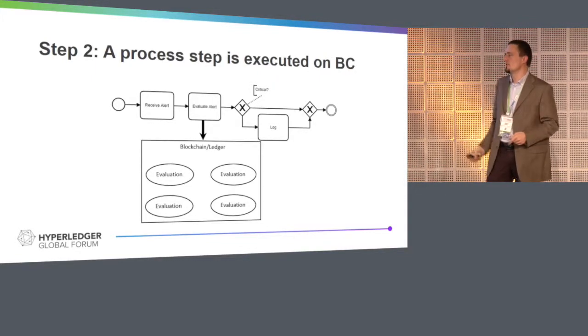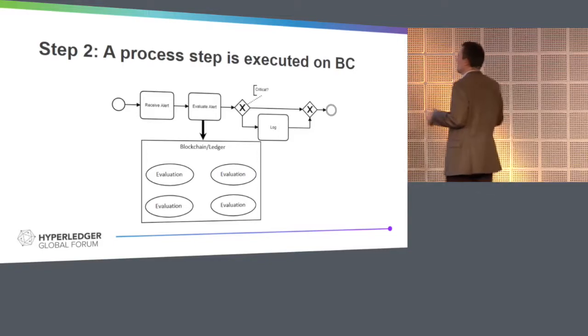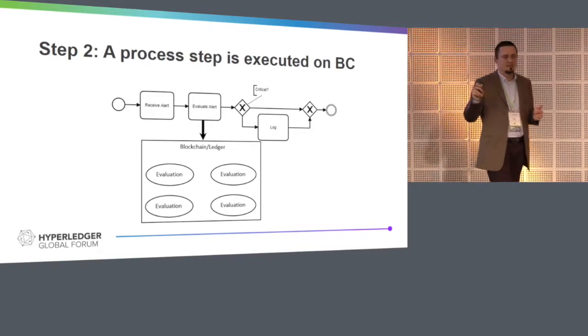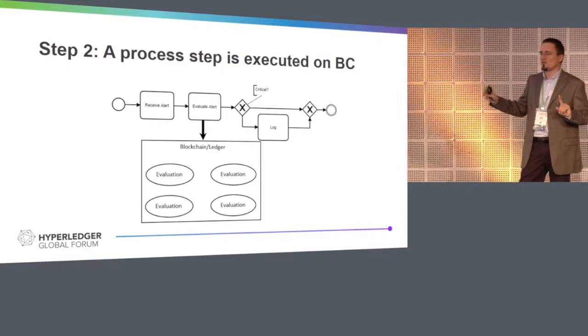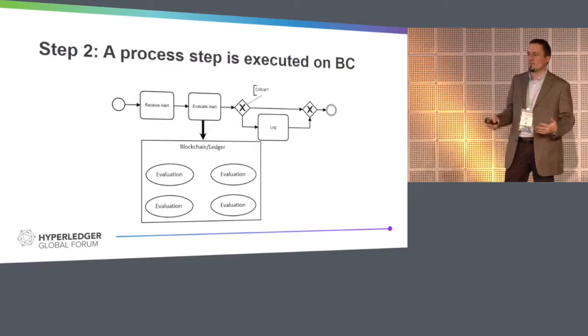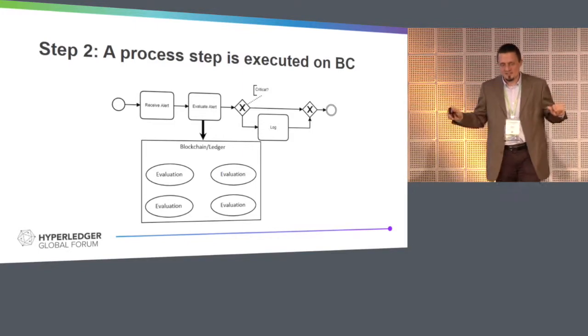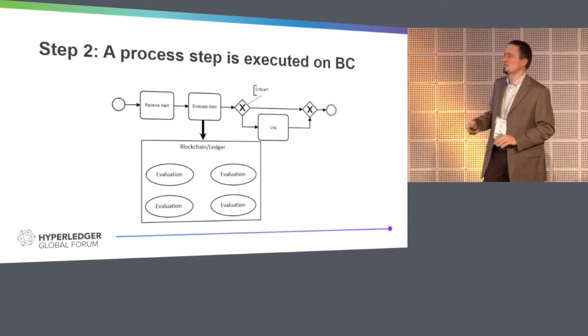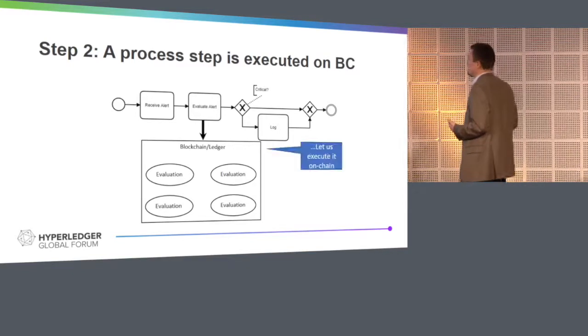All nodes execute their own logic, and then they agree on the result of the execution. So it might happen that the execution is not over blockchain, but distributed, and the result is, let's say, based on a sort of consensus and logged on the blockchain. But still, in this case, not the process is logged on the blockchain, but there are some typical steps which might be replicated over blockchain.